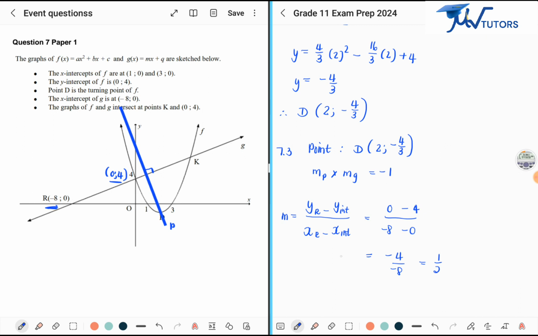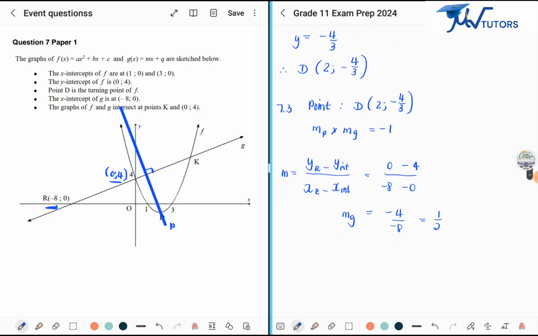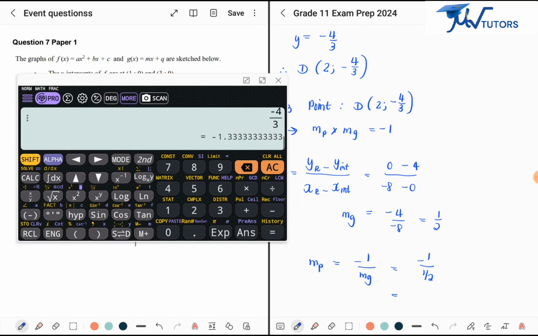That is the gradient of G. Now I need to get the gradient of P. So remember that equation over here. The gradient of P basically will be negative 1 divided by the gradient of G. What's the gradient of G? It's basically a half. So if I go to my calculator and I say negative 1 divided by a half, it's going to be negative 2.